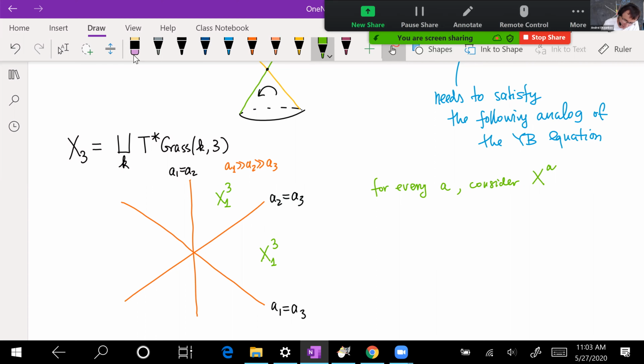At the identity, at the origin, we have our actual x3. And at the border between these two, we will have x2 cross x1. Sorry, maybe I'll try to draw it a little better.